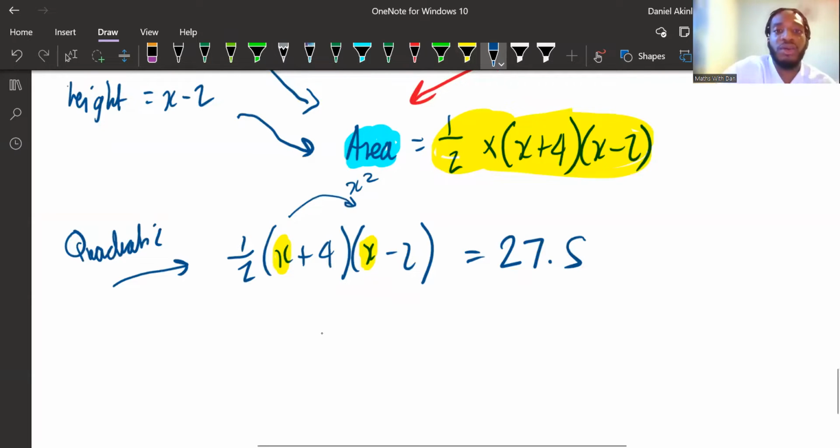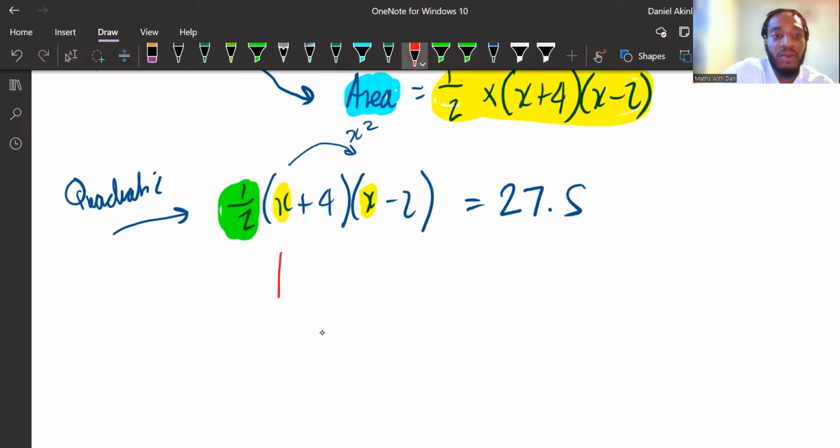So what I want to do is try and expand this. But the thing is that I have 1/2 here. So what I can do is multiply both sides by 2. If I multiply both sides by 2, on the left-hand side that half in green is going to cancel out, because 1/2 times 2 is just 1.